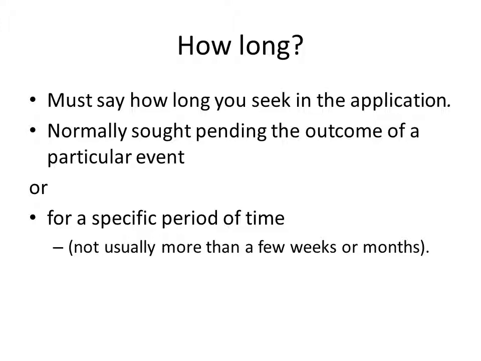And this is because normally a stay of proceedings is sought pending the outcome of a particular event. So for example, there may be a related tribunal appeal, or there might be a lead case which is in the Court of Appeal, and you want the administrative court to wait until that lead case or the related appeal has been determined before deciding whether it's worth carrying on with your claim.